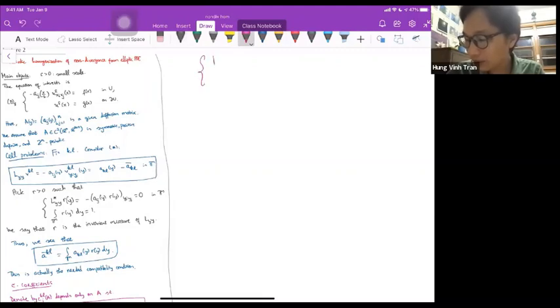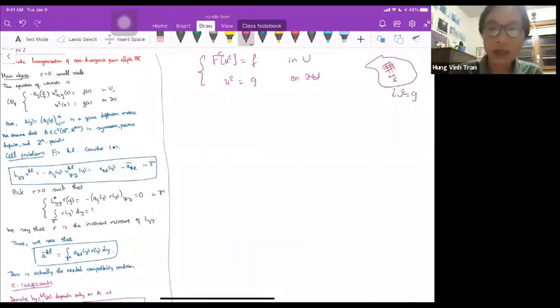This is the Dirichlet problem: F epsilon of u epsilon equals f, the right-hand side, and you fix the boundary condition u equals g on the boundary, and inside you have the microscopic structure. Last time we showed quantitative results of u epsilon converging to u, solving the effective equation.